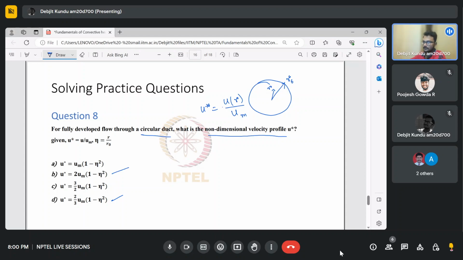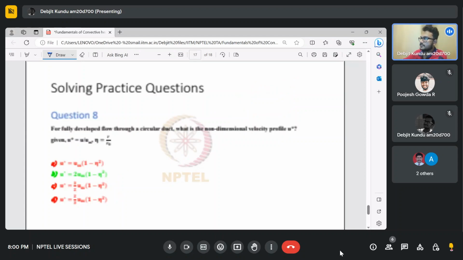Alright, so let's have a look at the solution. Solution is actually option B. So what happens is, for a circular duct, solving the Navier-Stokes equation, we know that the velocity u as a function of r is given as u maximum multiplied by 1 minus r squared over r naught squared.